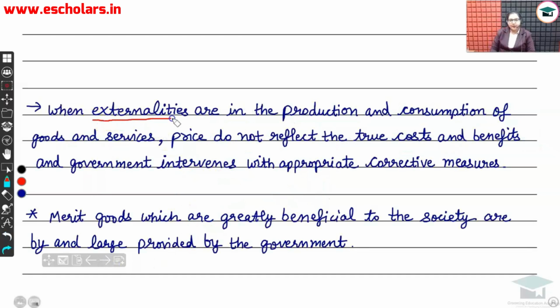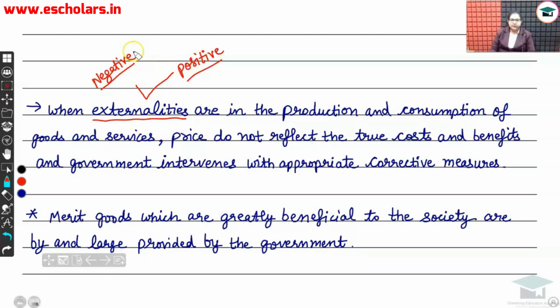Students, as I told you, externalities create negative effects and positive effects, right? So based on that, there are basically two types of externalities, that is negative externalities and positive externalities.